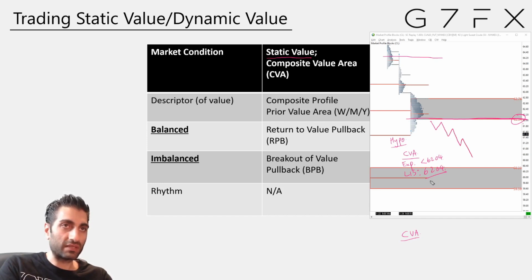So I would say breakout value, pullback. I don't want to write the whole thing, so I can just call it a breakout, pullback. Breakout value, pullback is my expectation for the day below 6204, and above 6204 I'm expecting a return to value, pullback.